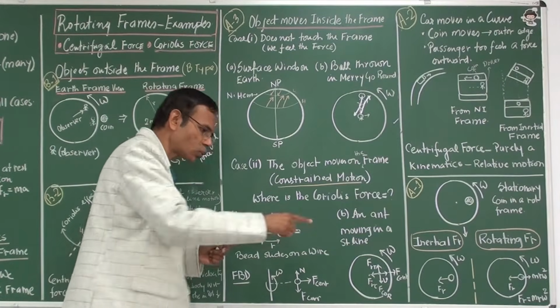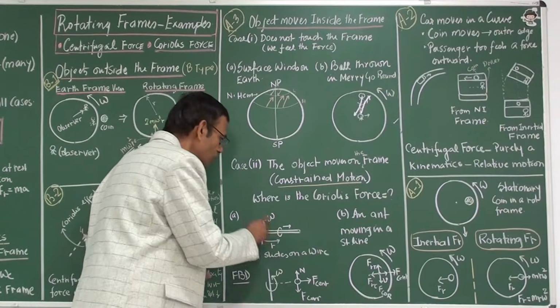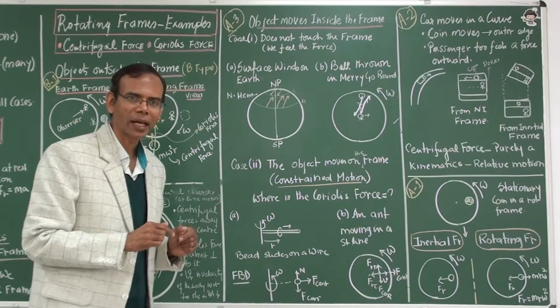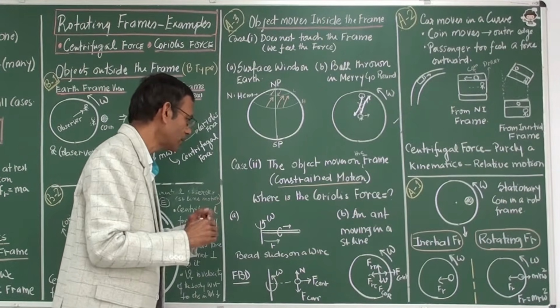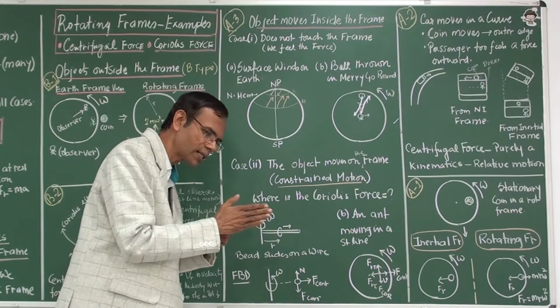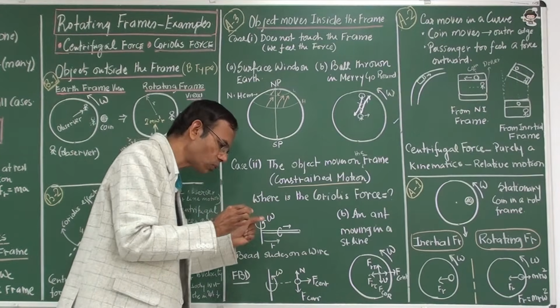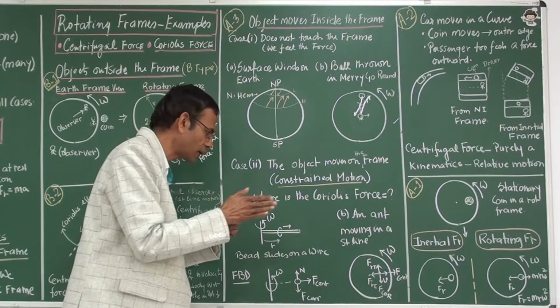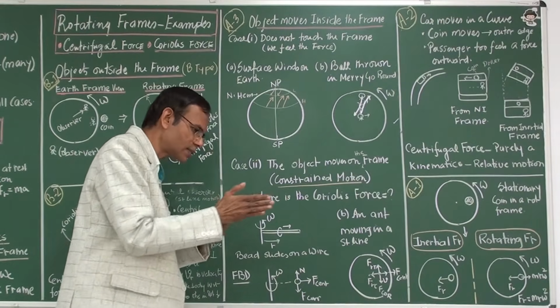So the moment it is rotating, this particular bead has a tendency to be on a straight line, but it is moving. For every point it moves, it has a tendency to go forward, to move in a straight line. But at the same time, this is rotating.